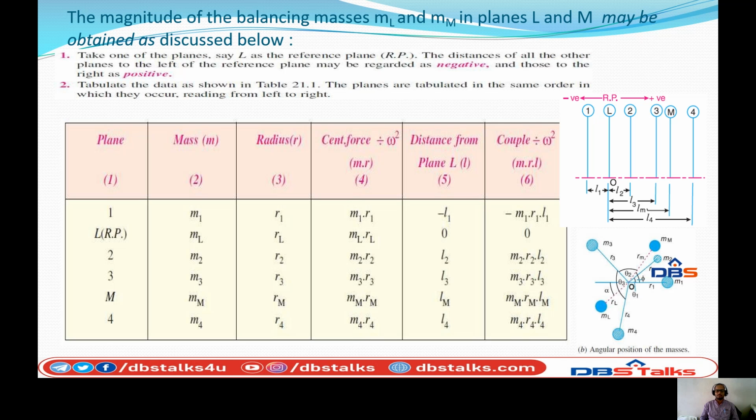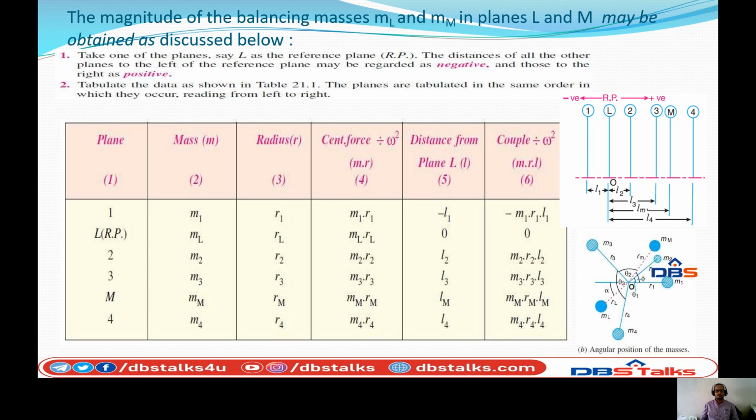The force here is the centrifugal force, and the distance is from the reference plane. So minus M1 R1 L1, 0 into ML RL is 0. In the same way M2 R2 L2, M3 R3 L3, MM RM LM, M4 R4 L4.